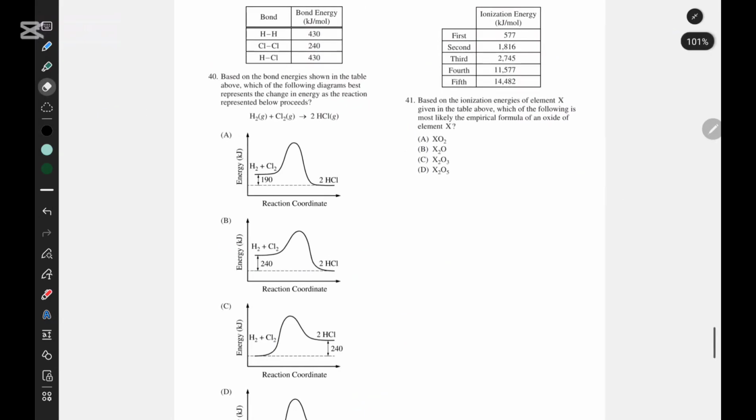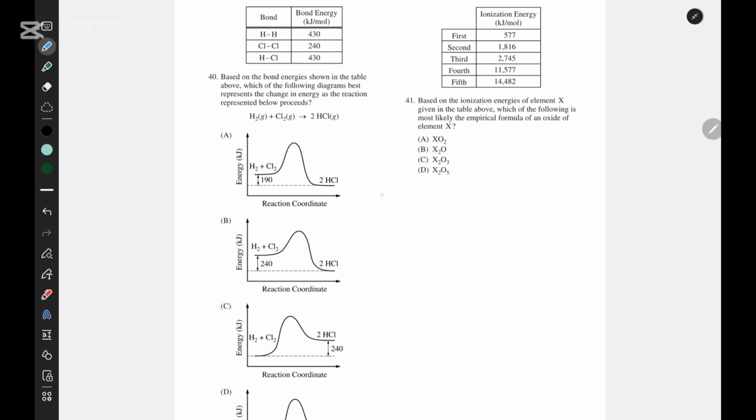So hydrogen plus chlorine bond is forming 2HCl. So now they are saying, based on the bond energy shown in the table above, which of the following diagrams best represents the change in energy as the reaction represented below proceeds?